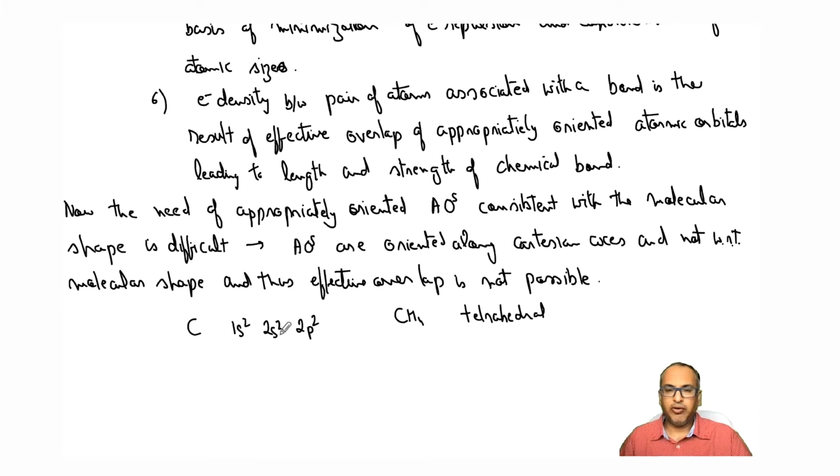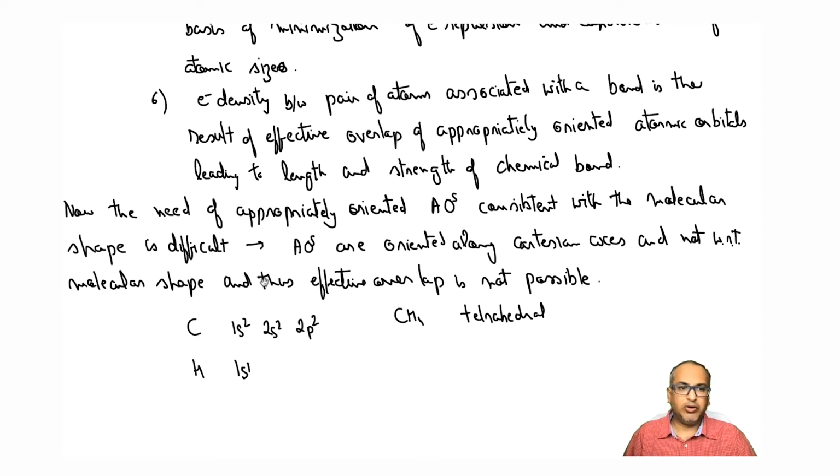Now if four hydrogens come with four s orbitals, then the combination happens between this s orbital and the empty p orbitals. So all the bonds formed will not be the same if we just combine atomic orbitals of carbon with atomic orbitals of hydrogen, right? Hydrogen has 1s1, right? So these are not effective overlap, and this will not intuitively lead to a tetrahedral shape.